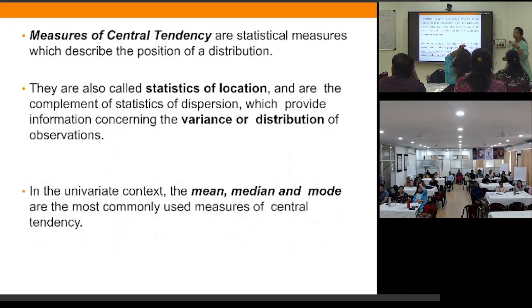Excel also does this for you. You give the command to arrange the weights of different people in ascending order, and it will bring them in ascending or descending order. So it is the central value of the variable when arranged in order of magnitude. So median is that value of the variable with one part comprising all the values greater and the other part all the values less than the median.